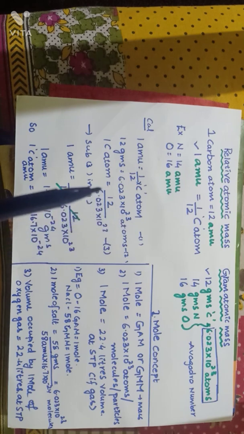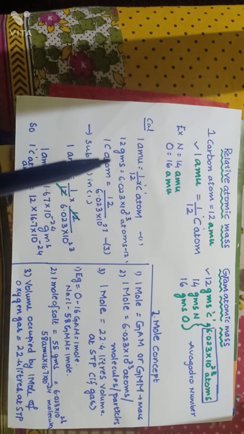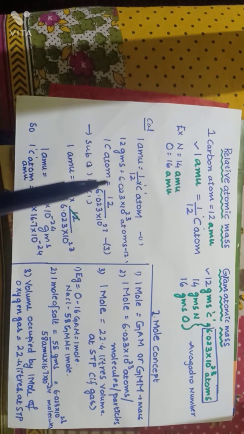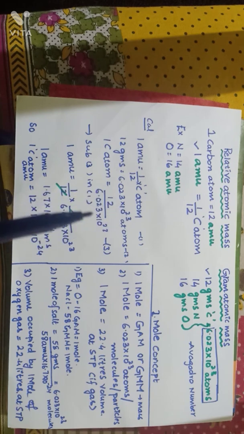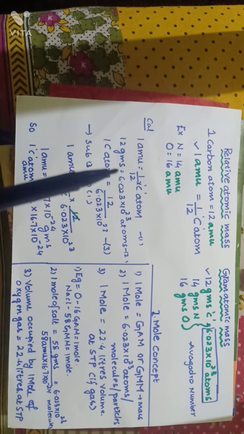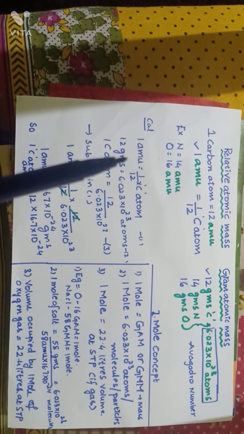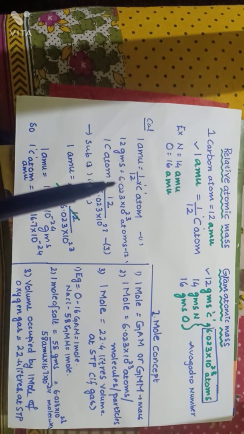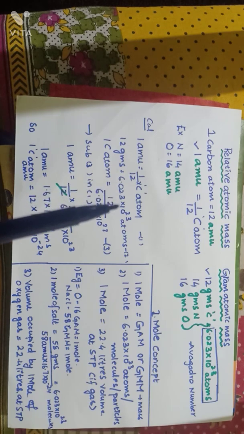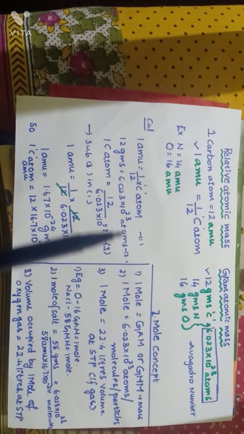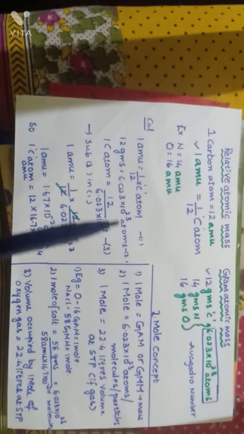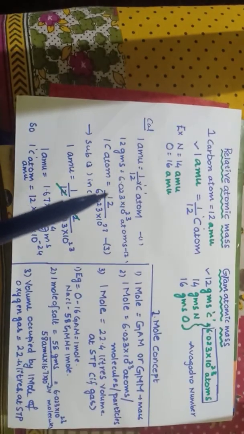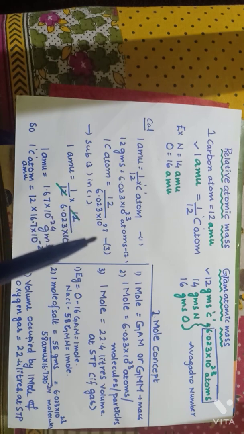So from this we get an equation: 1 carbon atom is equal to 12 by 6.023 into 10 power 23. How? Because 12 grams of carbon contains 6.023 into 10 power 23 atoms. That means if we want 1 carbon atom, just do crisscross, we will get 12 by 6.023 into 10 power 23.